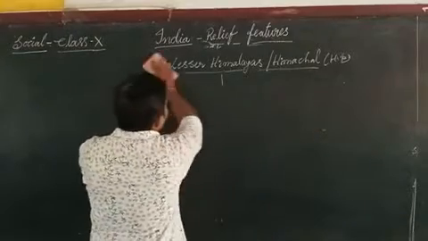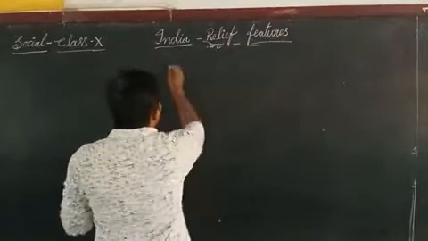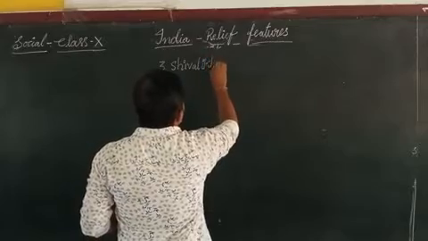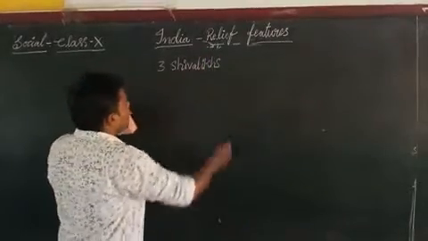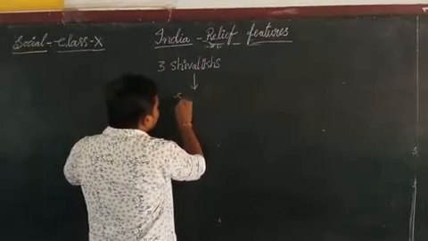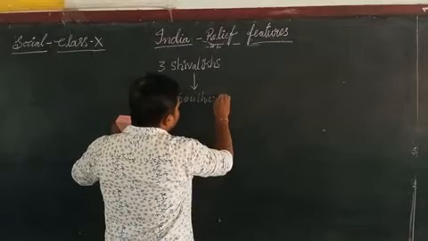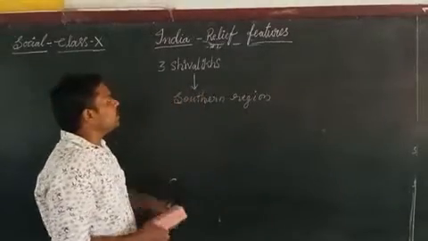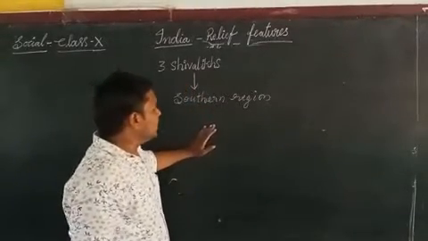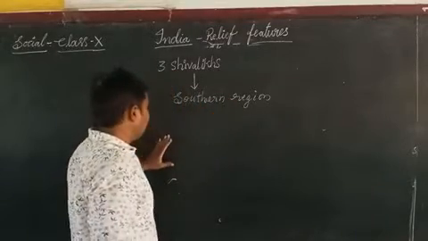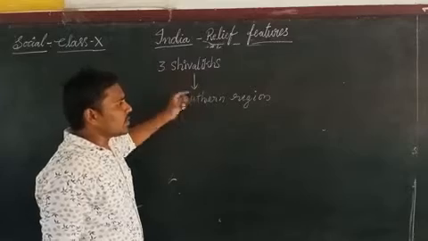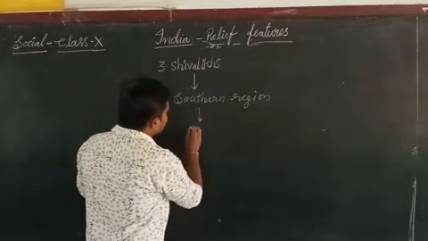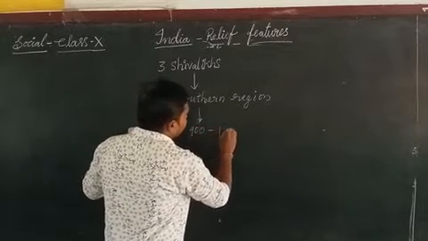Shivaliks is the southernmost region of the Himalayas, just south of the Lesser Himalayas, and the average height of the Shivaliks varies between 900 to 1100 meters only.